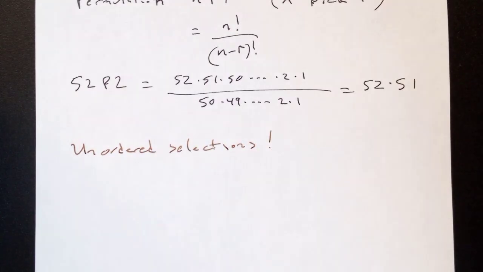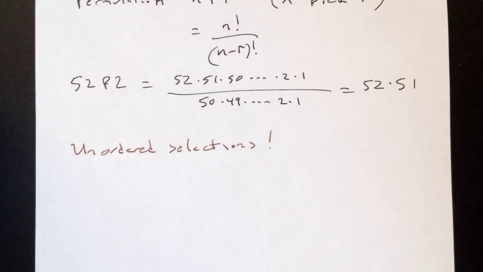If I have an unordered selection, then let's use the card example for the moment. The Jack followed by 9 is the same as the 9 followed by Jack, right? So those 2 things should only get counted once.